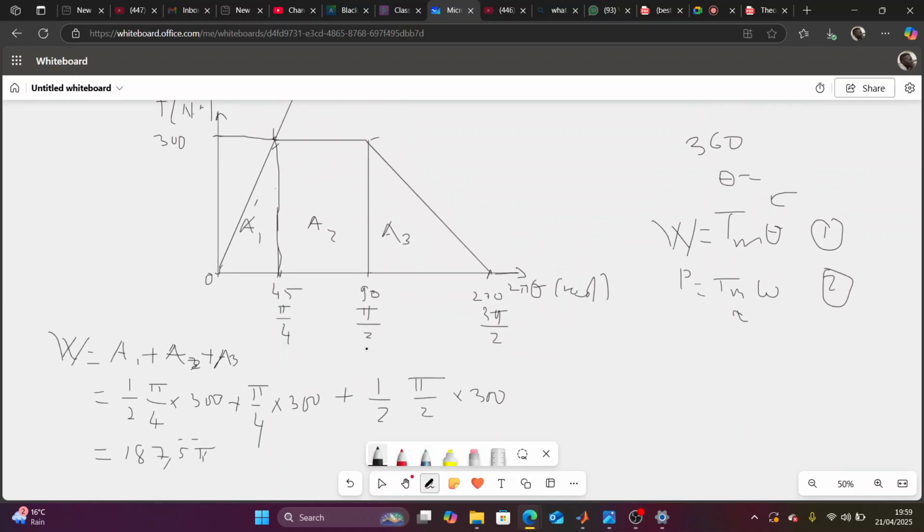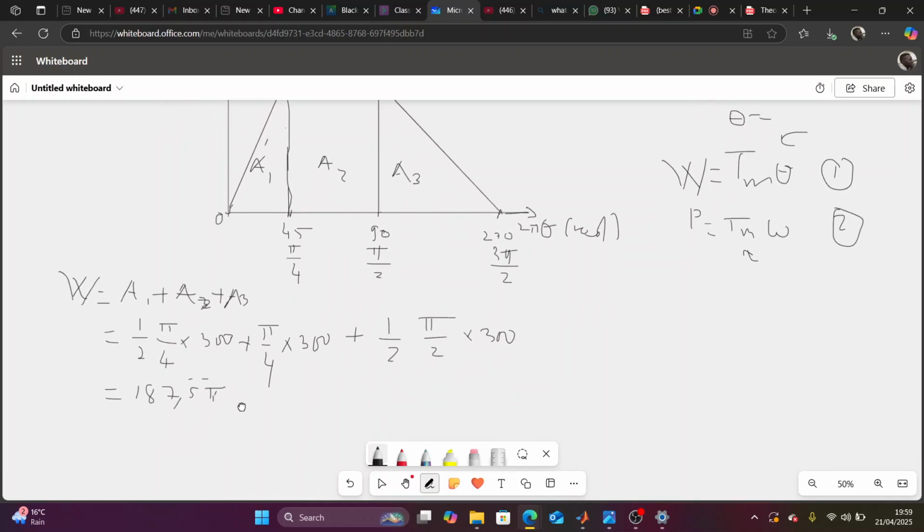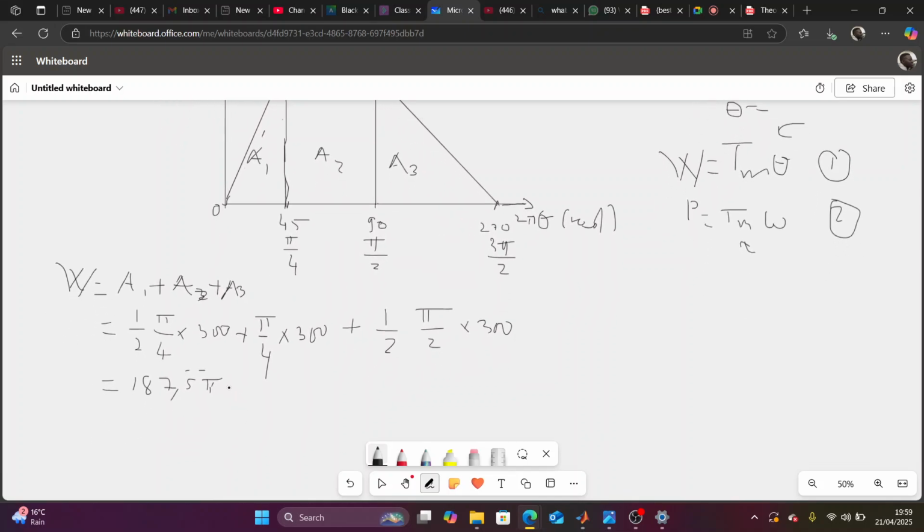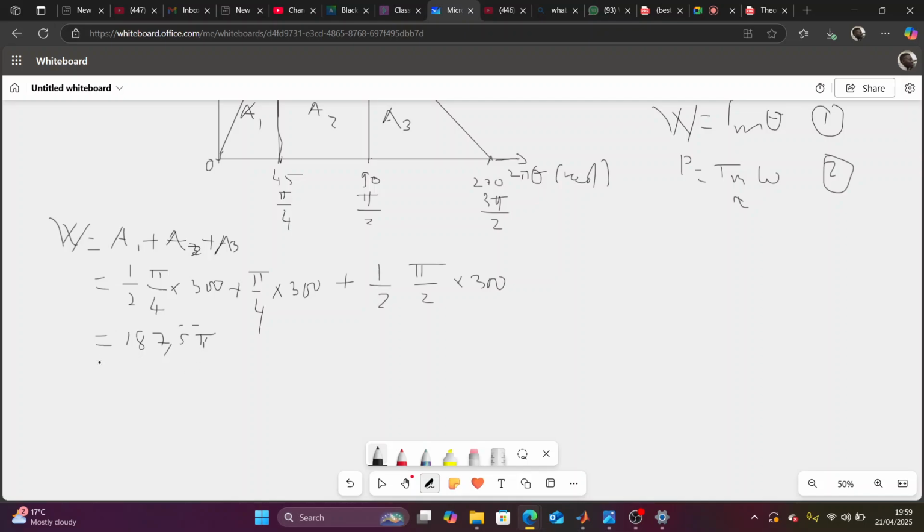I got 187 pi over 2. 187 pi over 2. Yeah. Okay, now I understand. This is what I'm getting as well, but the textbook is getting 262.5.